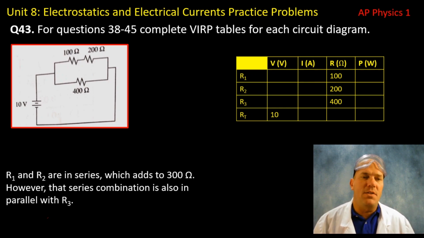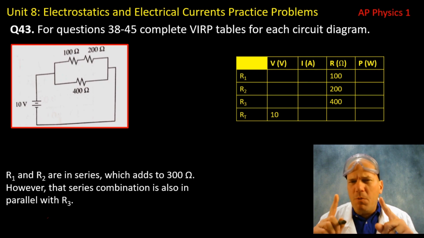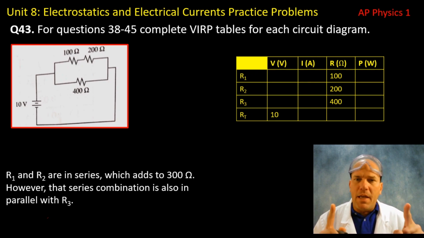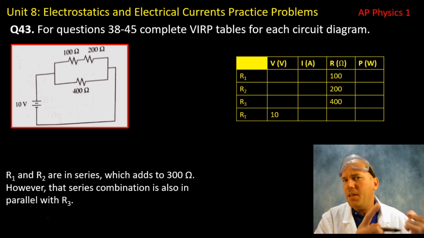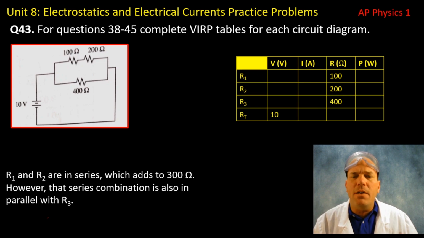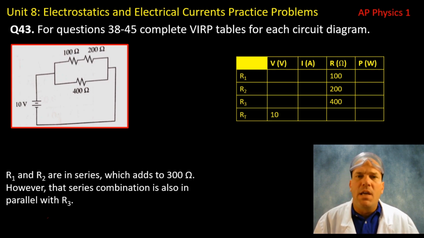parallel combination. So resistors 1 and 2, what we're going to do is what we would do for any series combination, and that is to add the resistors. In this case, we have a 100 and a 200 ohm resistor, so we're going to add those together for 300 ohms.